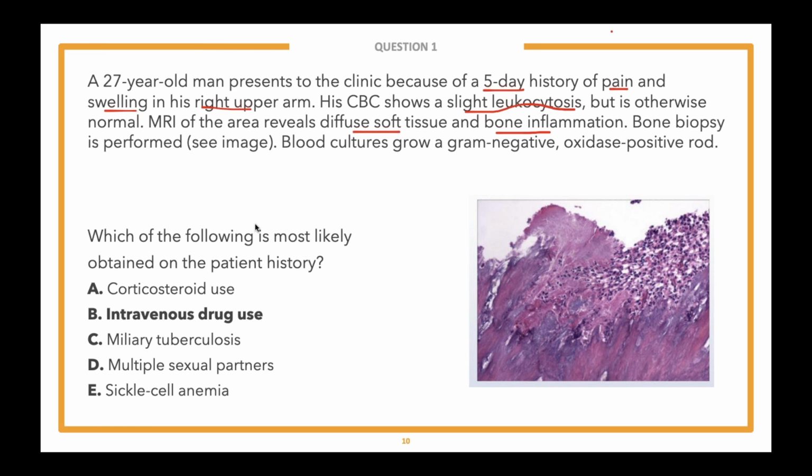And then lastly, answer choice A, corticosteroid use. This can lead to immunosuppression and also specifically osteoporosis, but doesn't predispose to this patient's condition. So the best choice, after looking at all the clues in the image, would be Pseudomonas, which would be a risk factor of IV drug use.